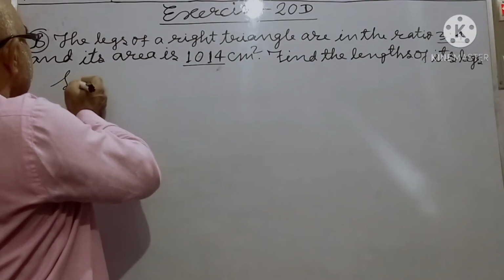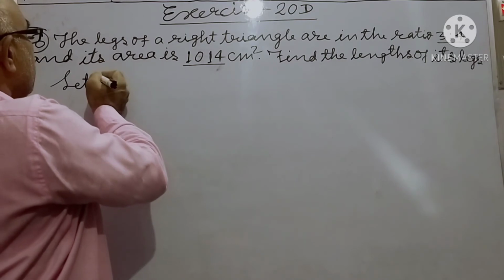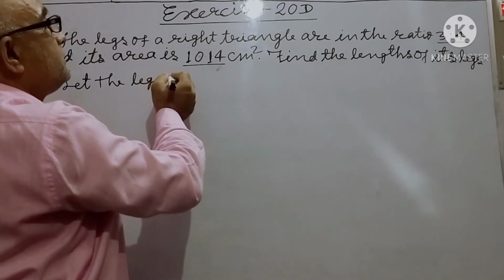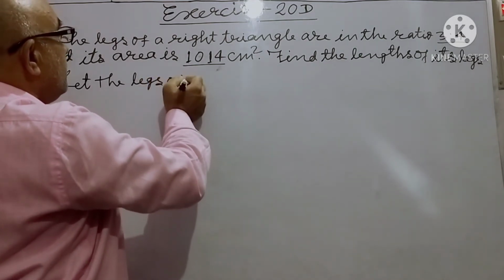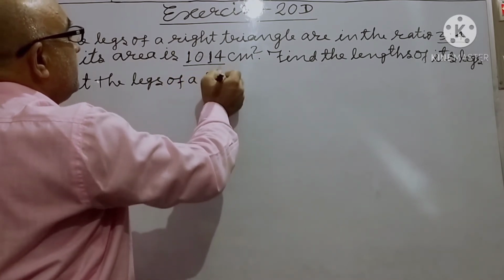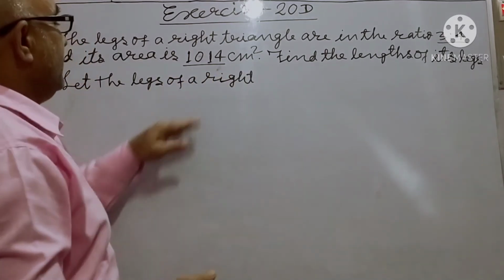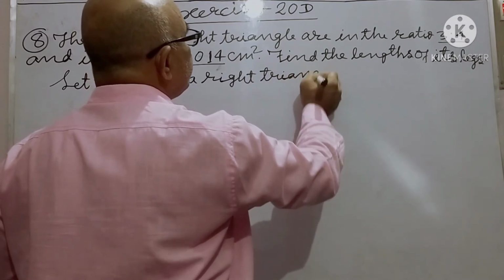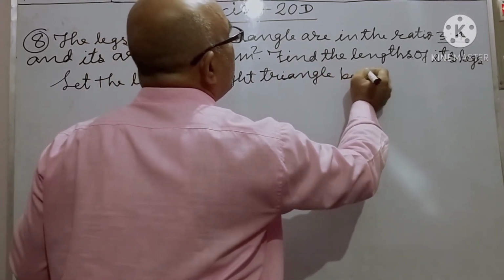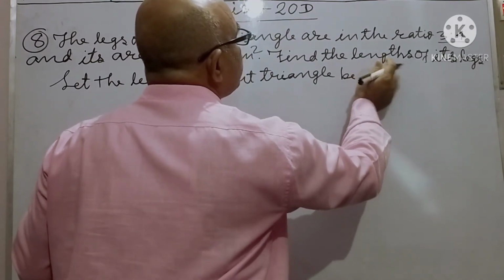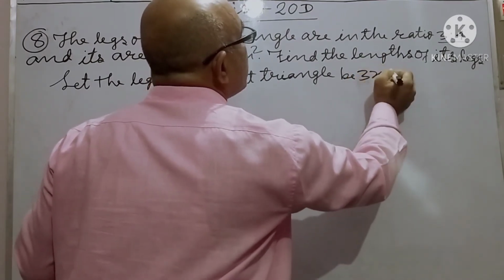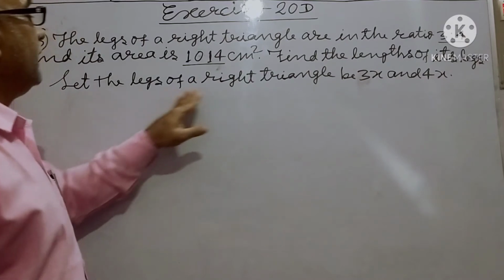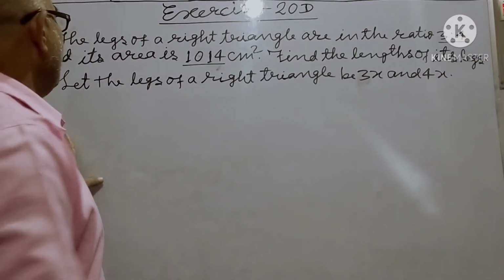So let the legs of a right triangle be 3x and 4x.